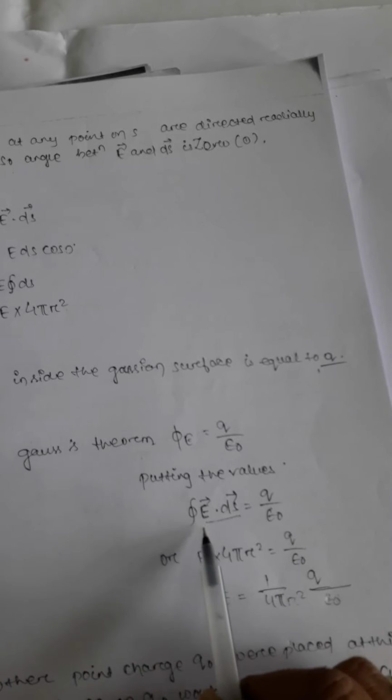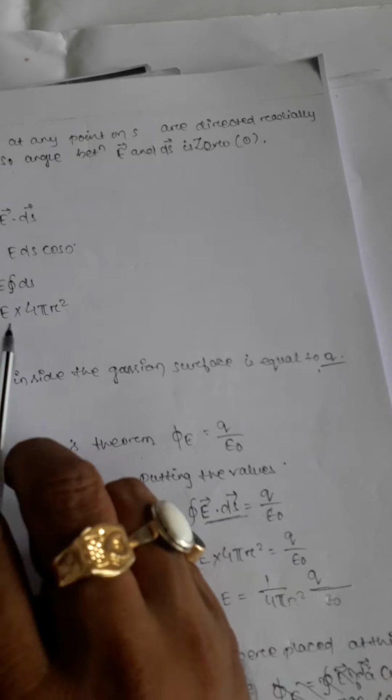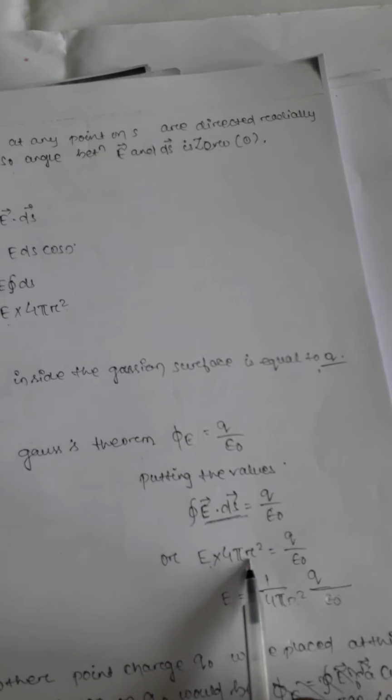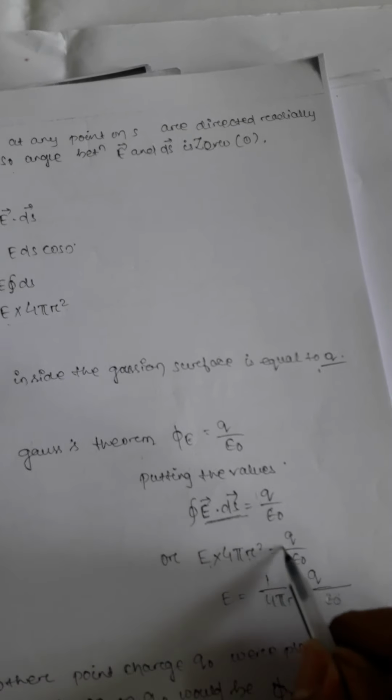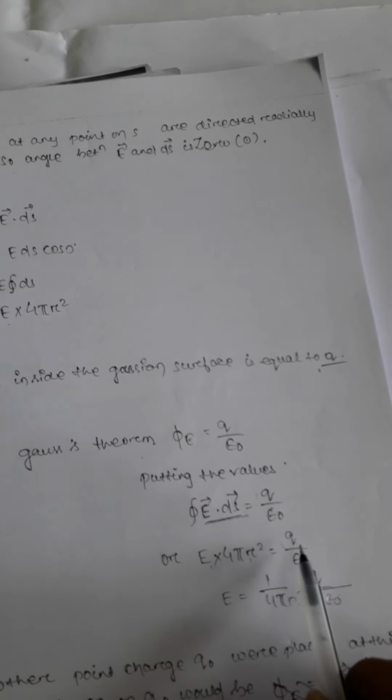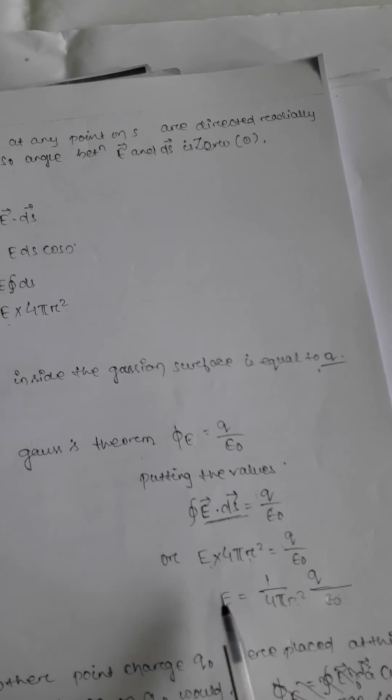Putting the values of closed integral E dS from step 2, E into 4 pi r square, and instead of charge, the value of charge q, from step 3, because this is a point charge. And finally we calculate the electric field E is equal to 1 by 4 pi epsilon r, q by r square.